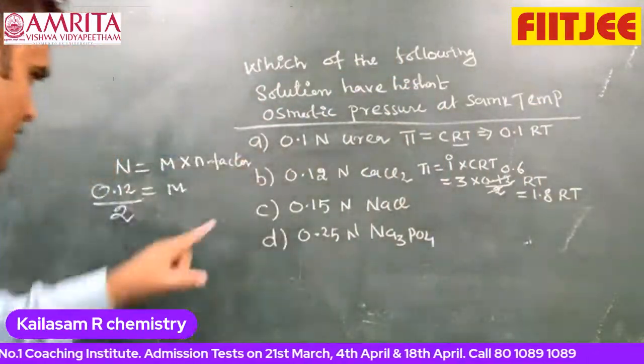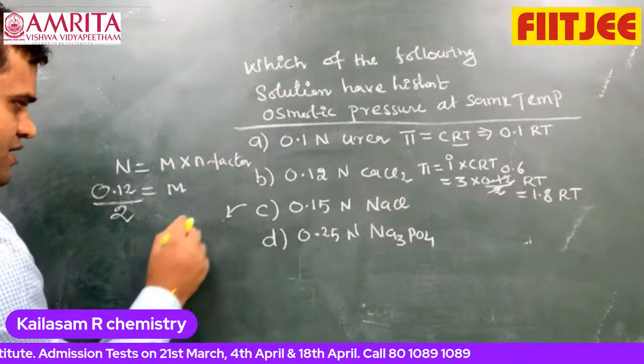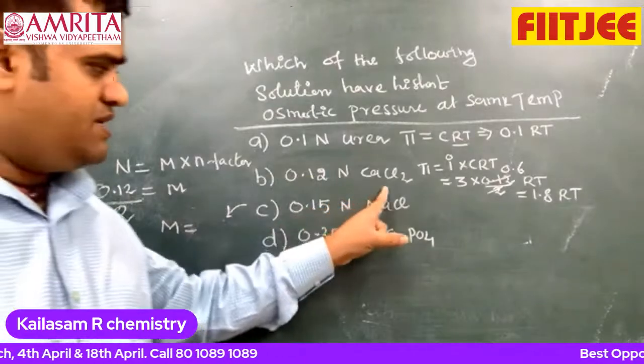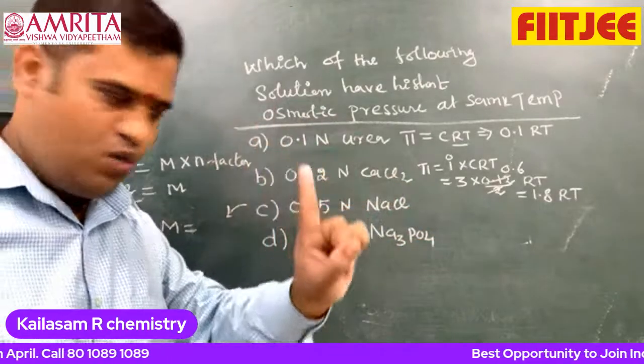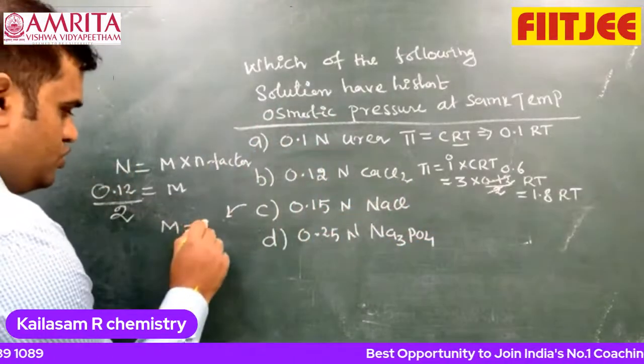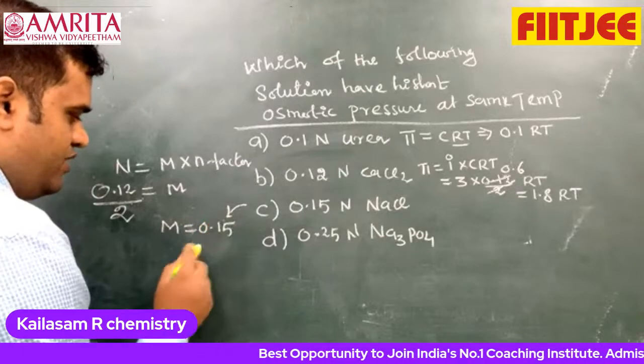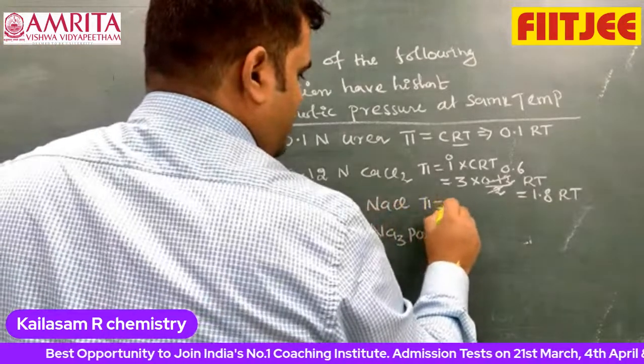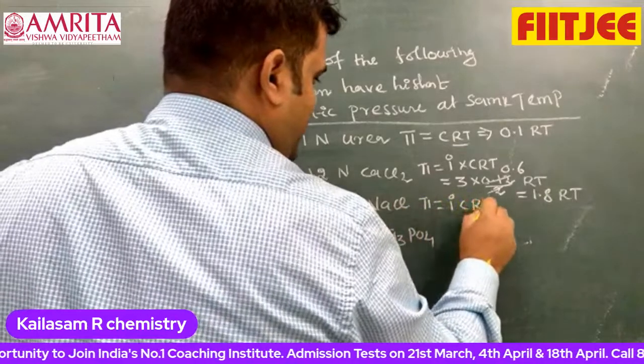Now come to the point of NaCl, 0.15 NaCl. Same thing I am taking. What is M in the case of NaCl? Plus and minus, therefore the n factor is 1. Therefore M is equal to 0.15 by 1. Therefore pi is equal to i CRT.